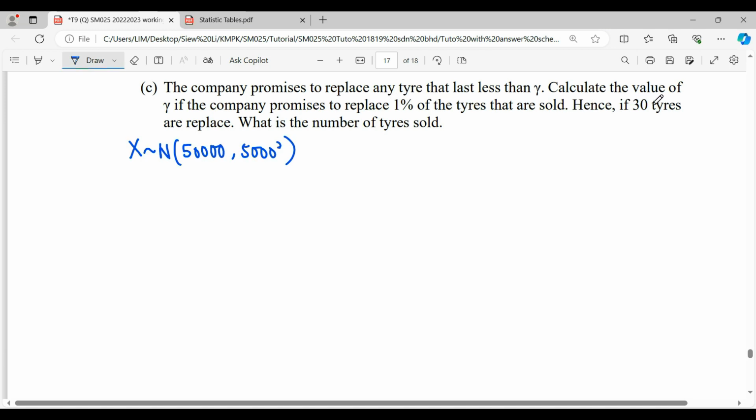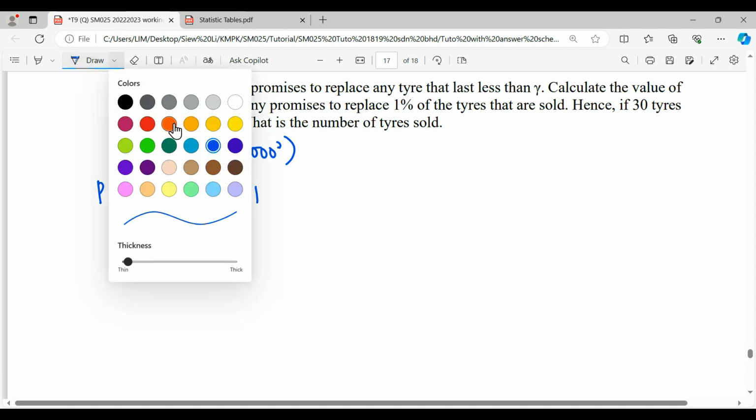Hence, if 30 tires are replaced, what is the total number of tires sold? So first we need to find out what gamma is. Here they say the probability that x is less than gamma, so you are going to replace just 1% of it, so it will be 0.01.